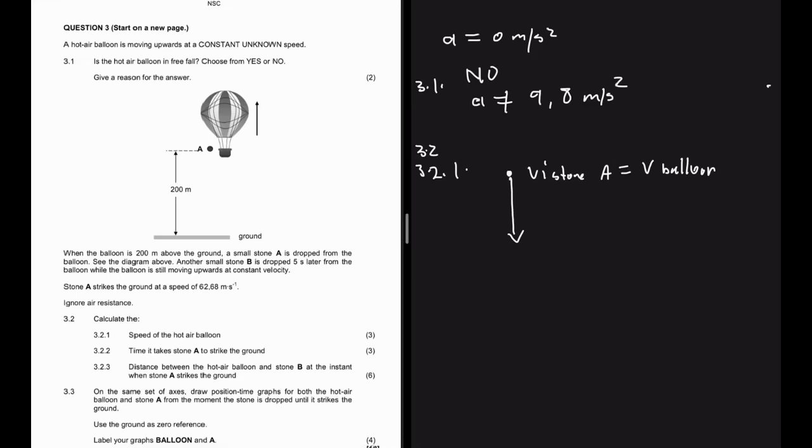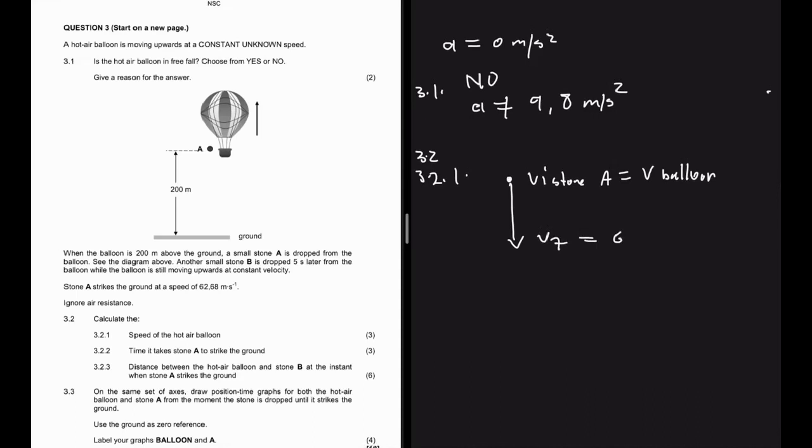And then we know that VF of the stone is equal to 62.68 meters per second. I'm saying that because it is said that stone A strikes the ground at 62.68 meters per second. And we know that the acceleration is equal to minus 9.8 meters per second squared. So as soon as I say minus 9.8, I'm taking up as positive, right?